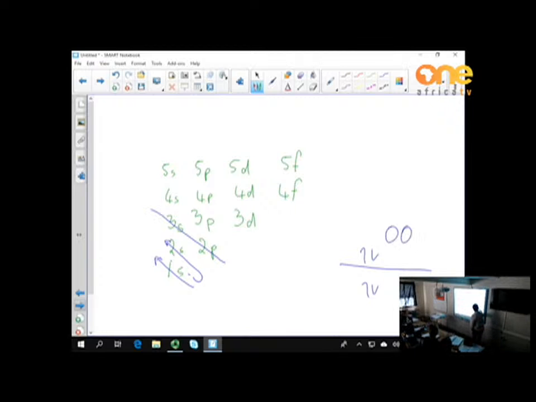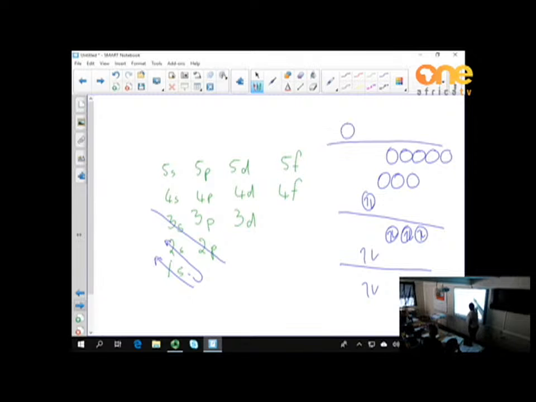So here are my 2p, and there's my 3s. So there, then there, and there. Now here is the 3p, the 5 ds, and the 4s. So now it goes 3p, 4s.